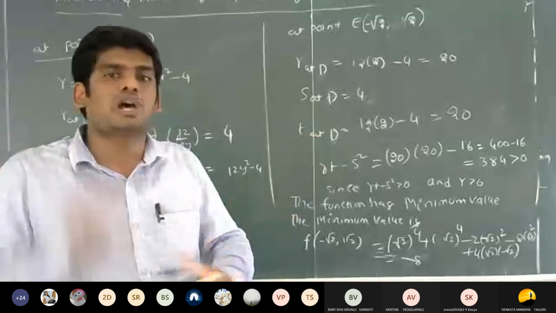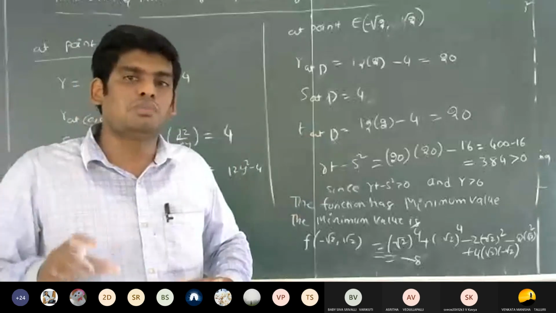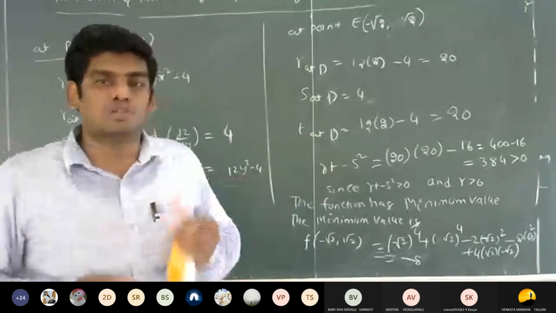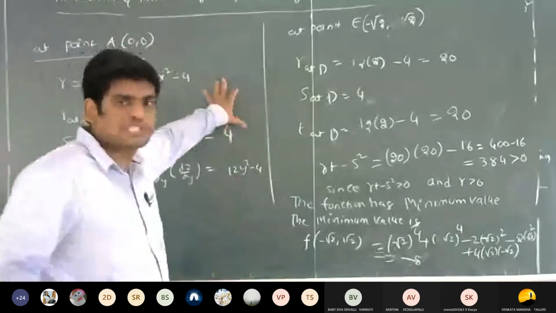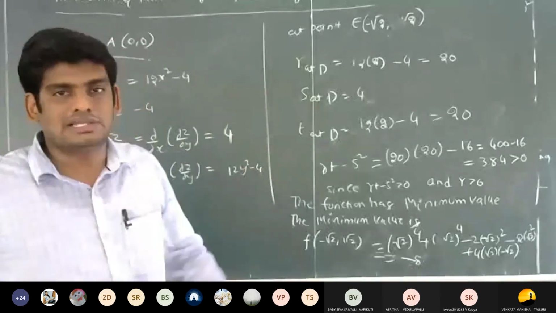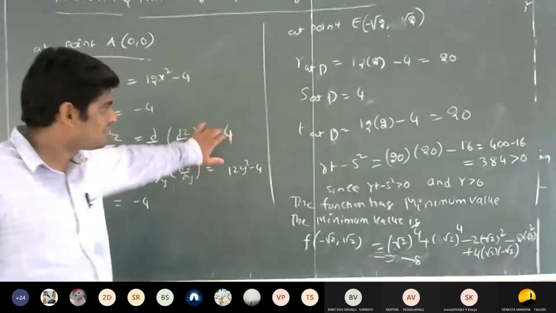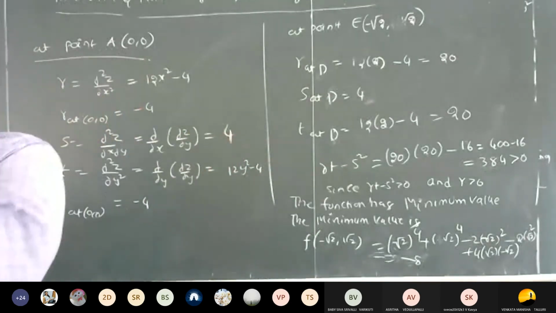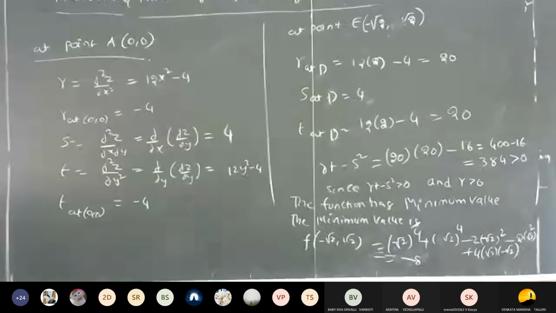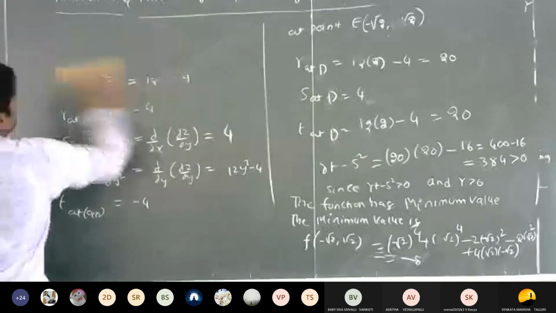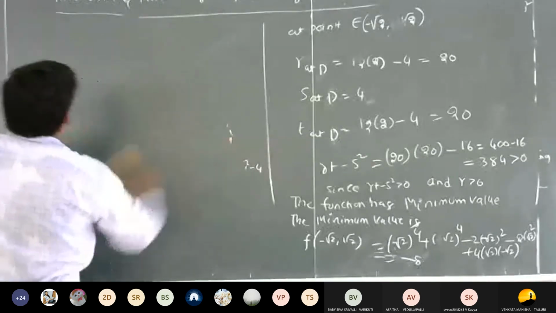Already we know the process of how to solve the problem in a function of two variables. So you can follow this procedure, then you can get the result, that is, the extreme values. So is this problem clear? Yes, sir.